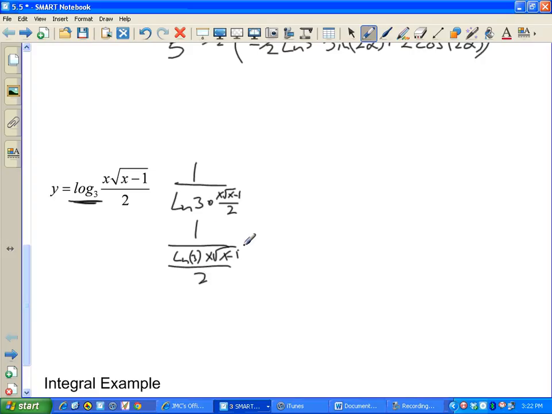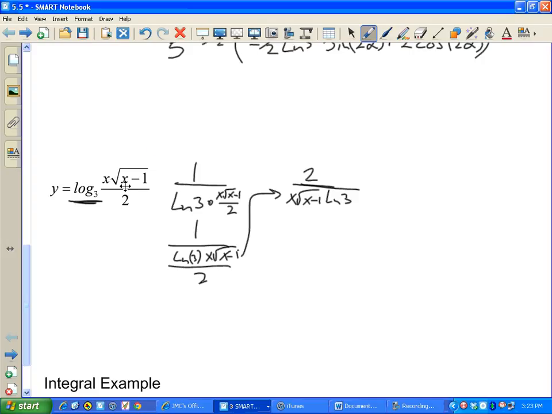And this just means I'm going to reciprocate this. So really this becomes 2 over, we'll do x squared of x minus 1 ln of 3. Okay, so I get that.